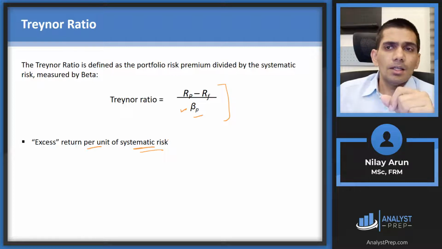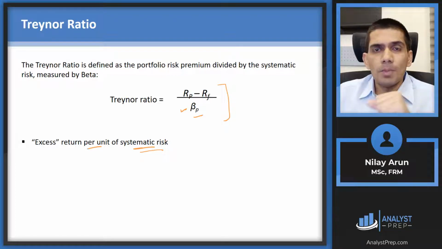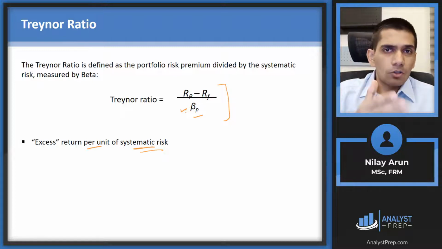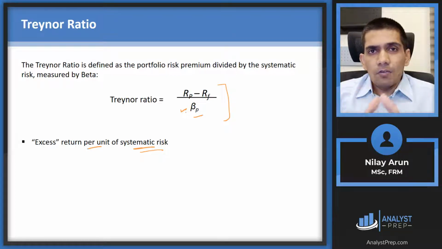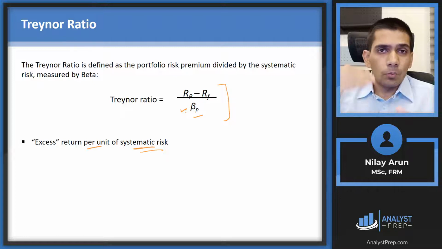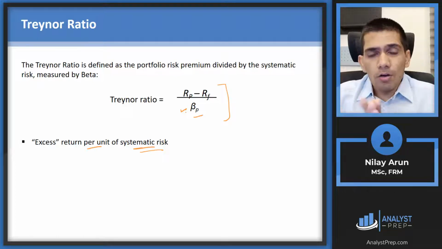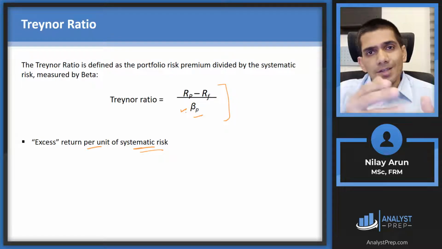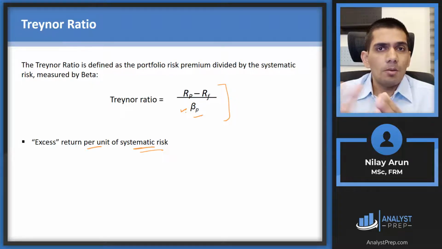Now, you might wonder how this is actually going to make a difference. For understanding that, we have to take a step back to portfolio theory. If you remember the way portfolio theory evolved, the first part of the portfolio theory took standard deviation and the second part took beta.